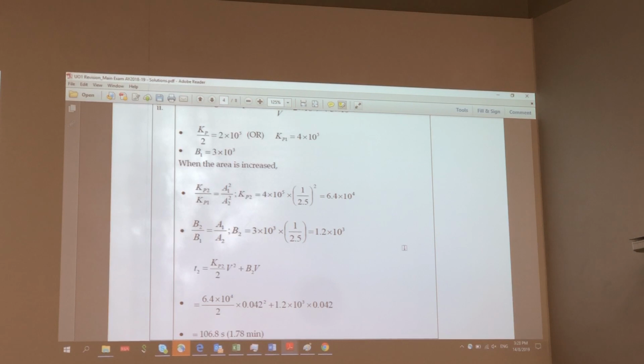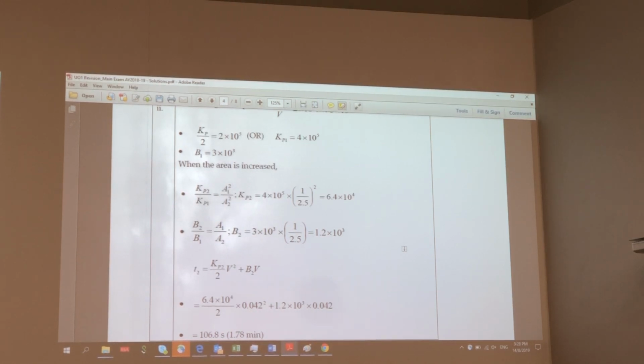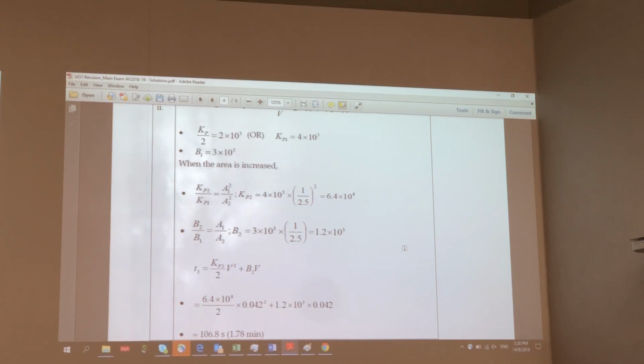Don't forget, this one is the filtrate volume. You must convert liter into meter cube. Don't forget. You need to convert the units. Okay?